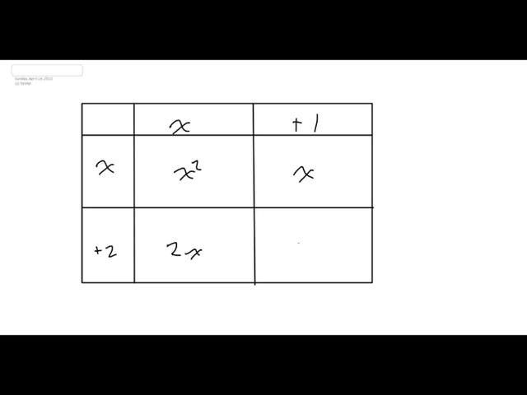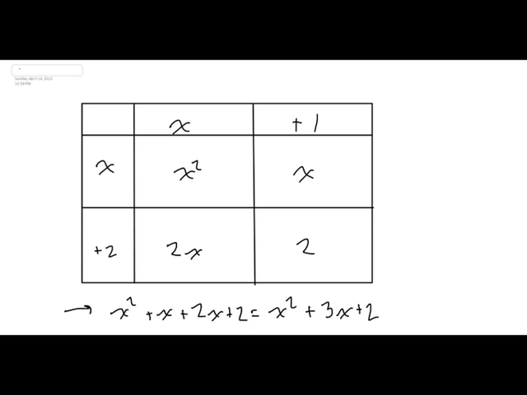And 1 times 2 gives us 2. Adding everything together here, what we're going to get is x squared plus x plus 2x plus 2. And collecting like terms, x squared plus 3x plus 2.